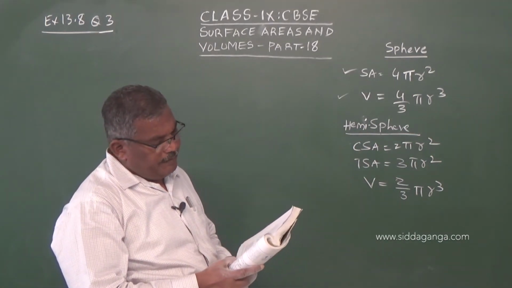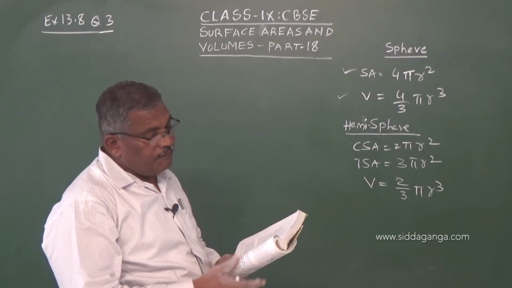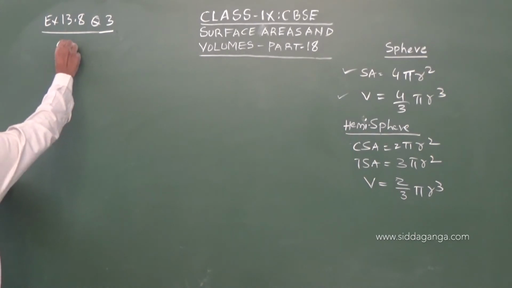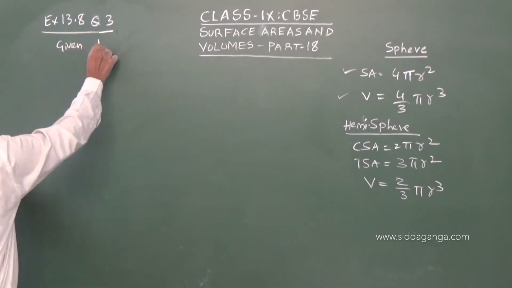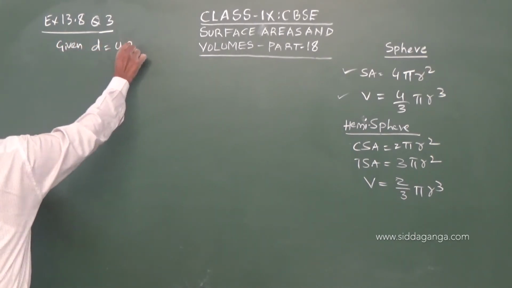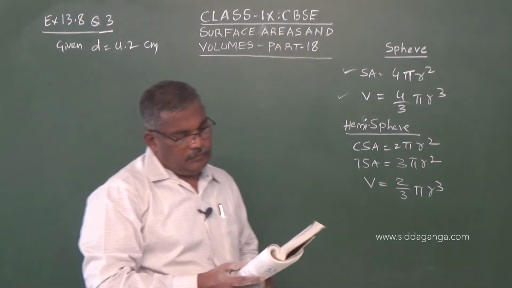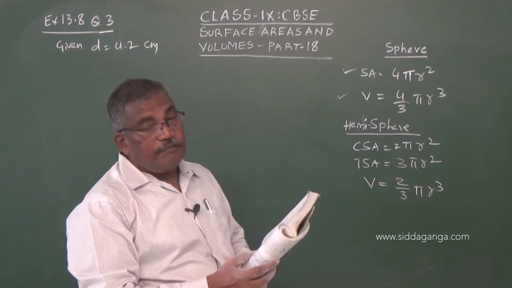The diameter of a metallic ball is 4.2 centimeter. Given diameter is equal to 4.2 centimeter. What is the mass of the ball?